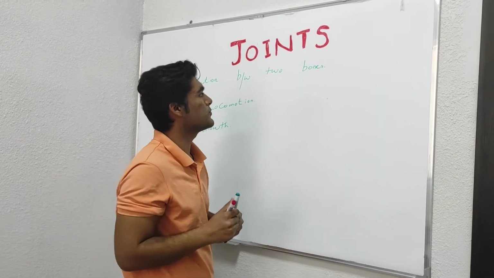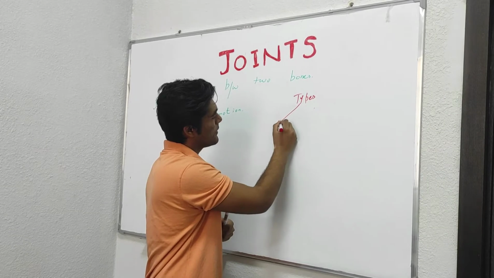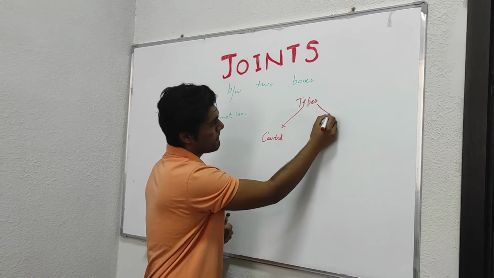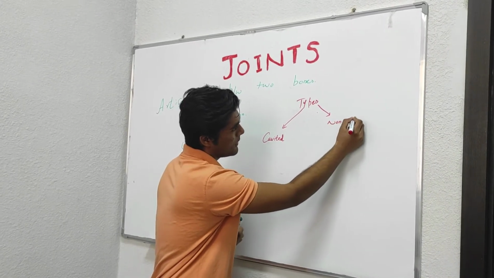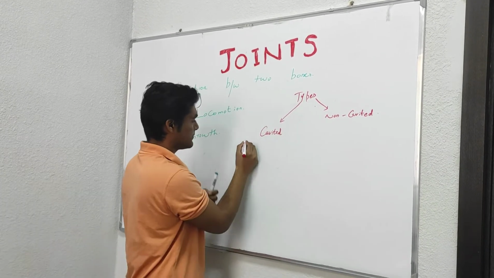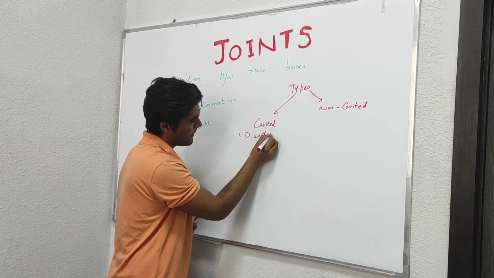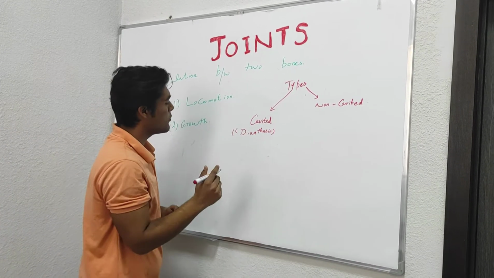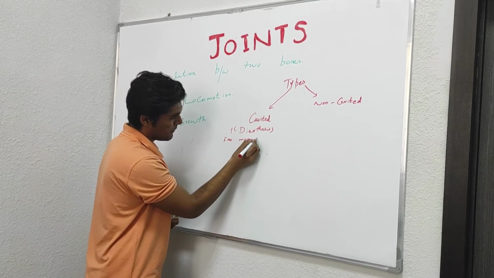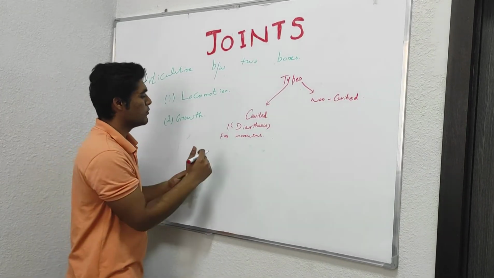We have two basic types of joints. First is cavitated and second is non-cavitated. Cavitated joints are also known as diarthrosis. They show free movement and possess synovial fluid for their free movement.